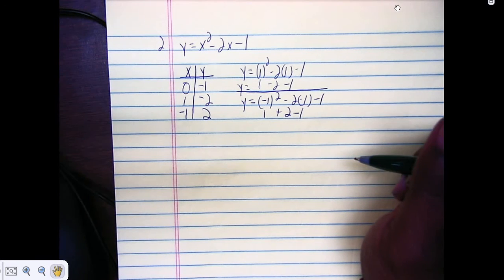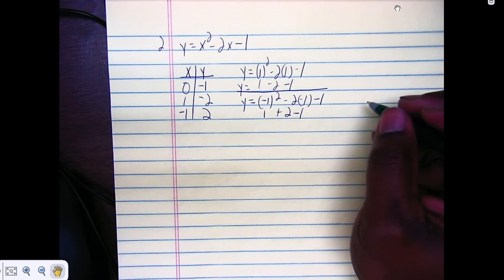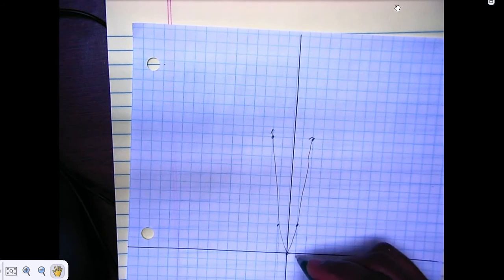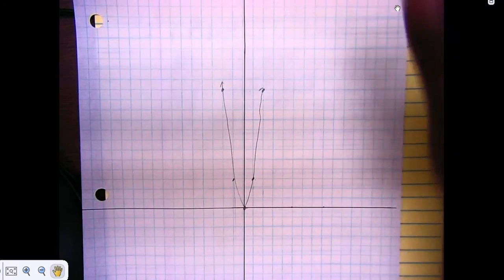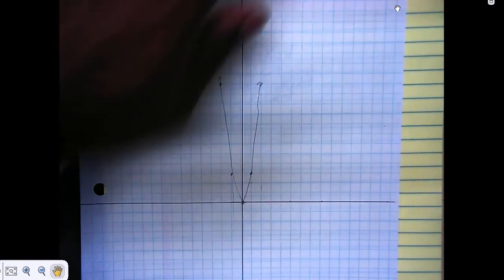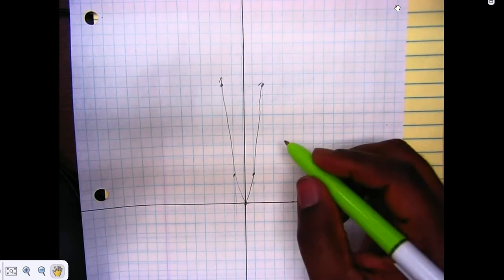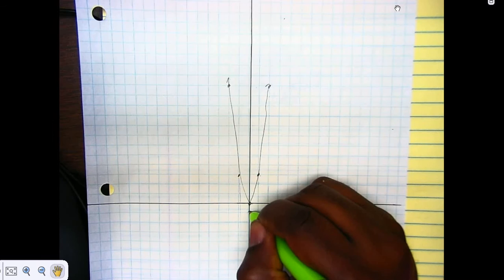And so that just gives us an idea of what the line is going to look like. So if we plot those points on the same graph, I'm going to do it in a different color so you can tell I'm doing a different graph. I'm doing the point (0, -1). So that's your vertex right there.